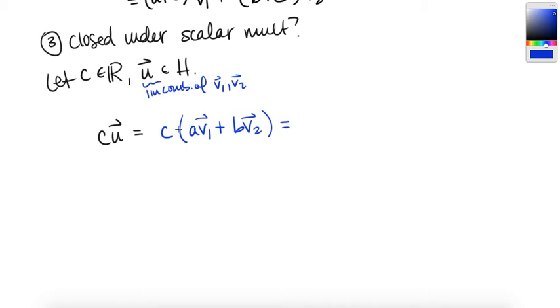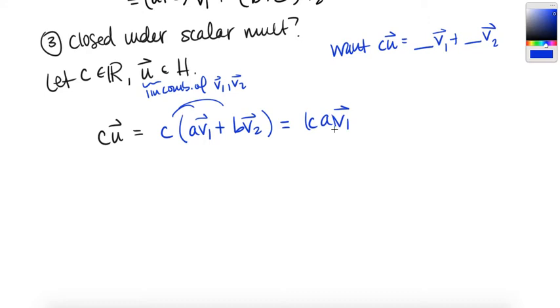And the goal is that we want cu to be a linear combination of v1 and v2. We want to show it's also in that span. So what we're going to do is just distribute that c: ca v1 plus cb v2, and now it exactly fits that bill.